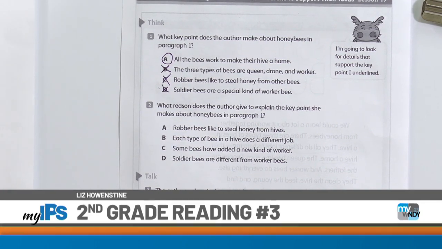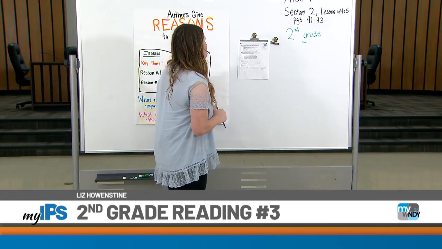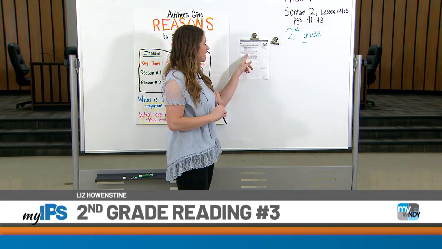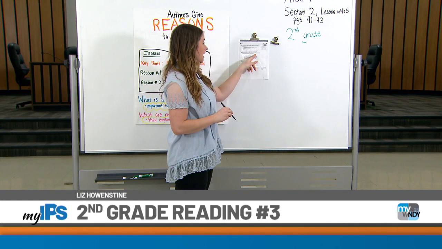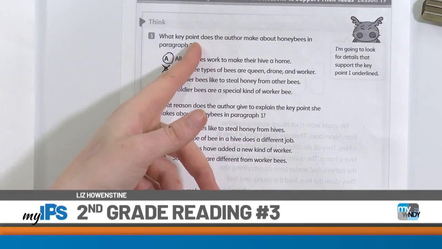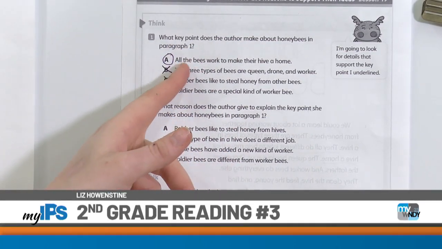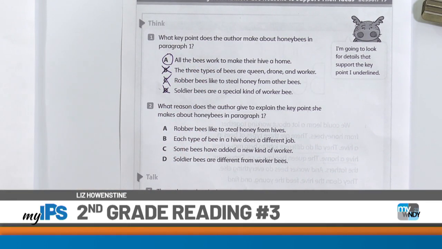Now, we have to have a reason. What reason does the author give to explain the key point she makes about honeybees in paragraph 1? So again, what reason does the author give to explain the key point, which is all the bees work to make their hive a home?